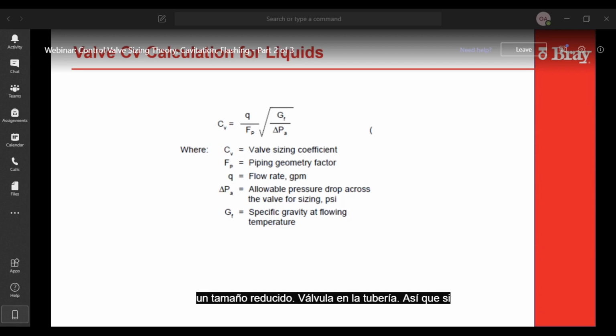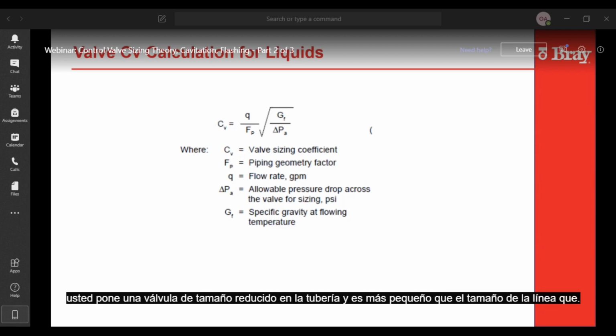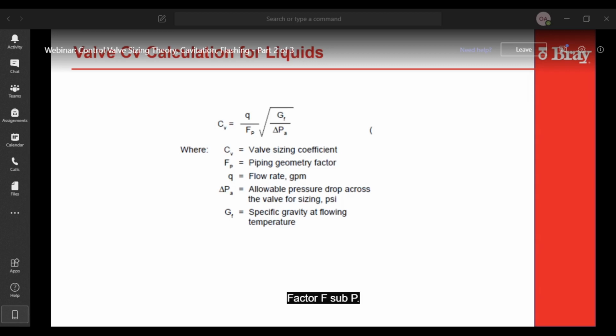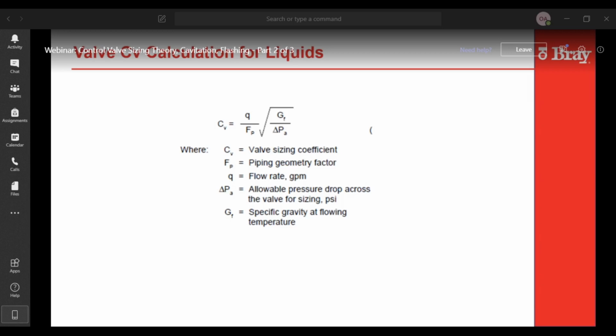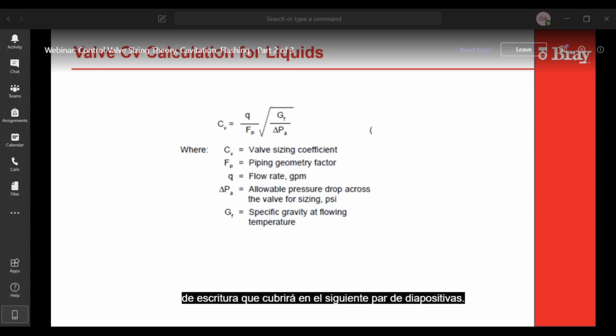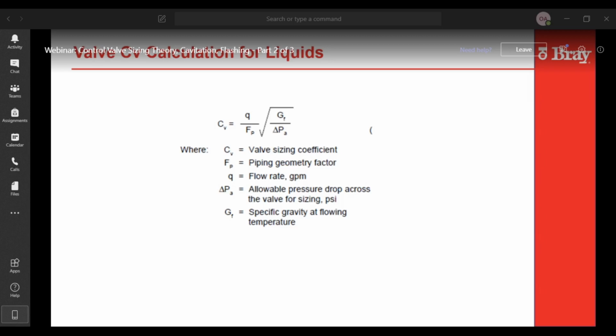If you do put a reduced size valve in the pipe that's smaller than line size, factor F sub P will make a correction so that you accommodate the line losses from the reducer and expander that you're going to have to put in the pipe in order to put a smaller valve in there. So that's the piping geometry factor, which we'll cover in the next couple of slides.